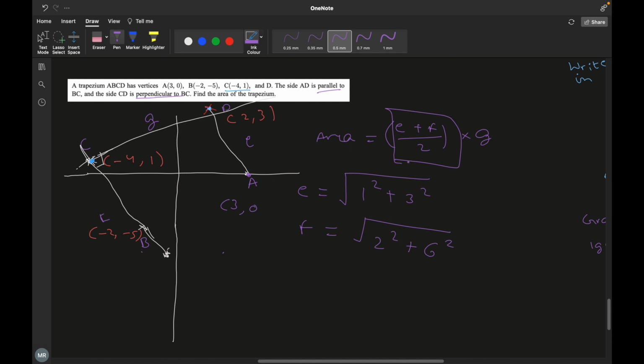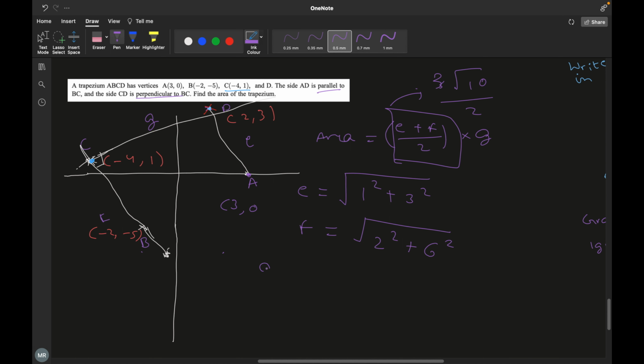So the square root of 1 plus 3 squared is the square root of 10, plus the square root of 2 squared plus 6 squared, divided by 2. So that term would be 3 root 10 divided by 2.